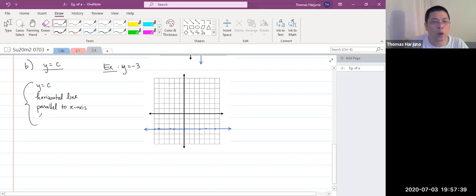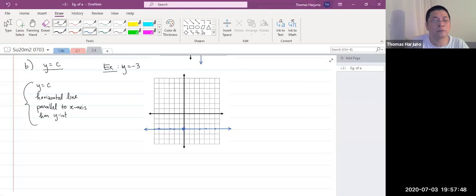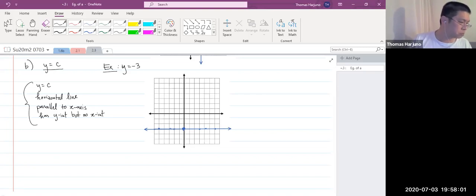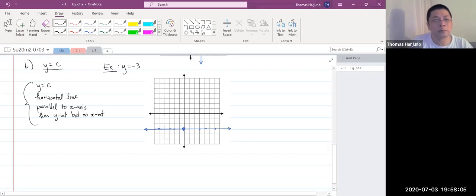Okay, it has a y-intercept. This is the y-intercept in this case, right? But it doesn't have an x-intercept. How about the slope? The slope is 0.